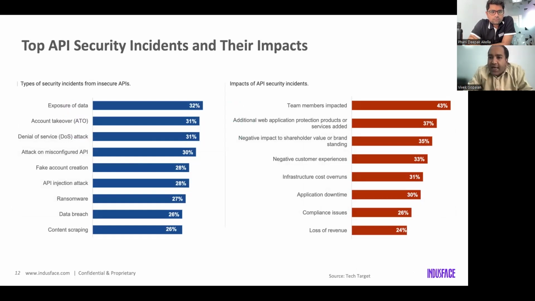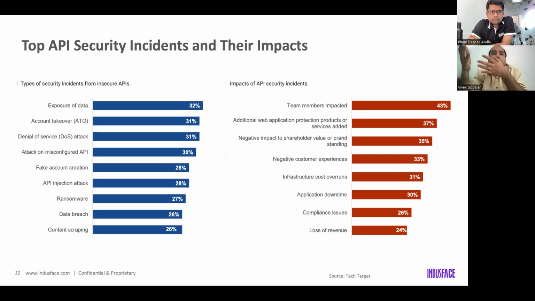There are various attacks being carried out on APIs, and all these attacks lead to various kinds of security incidents. The common incidents that come to our mind are exposure of sensitive data, account takeover attacks, DDoS attacks, and the likes. And all these things happen because of either misconfiguration of APIs, lack of security controls in the APIs, or vulnerabilities that are there in the APIs.